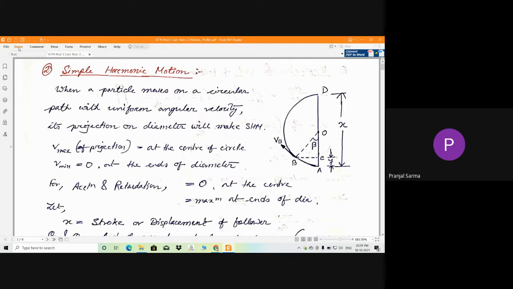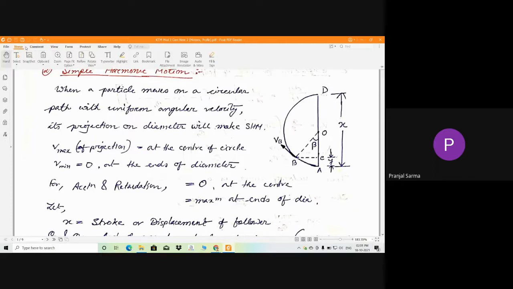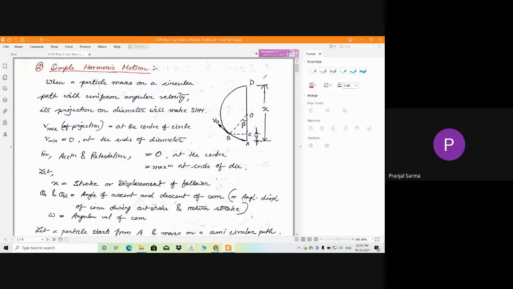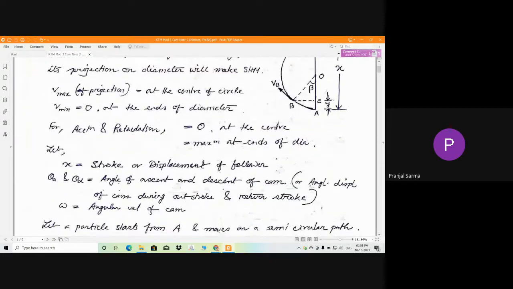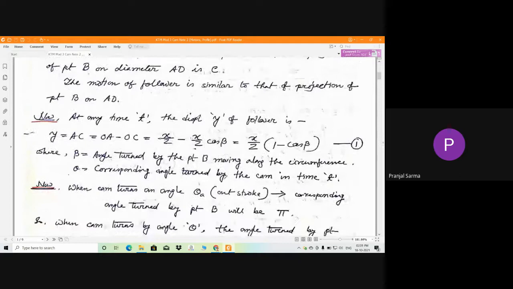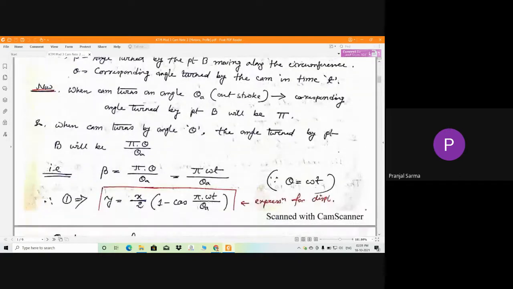Later on we discussed how we get the maximum velocity, and the expression for the displacement. Here we have y equal to x by 2 whole into 1 minus cos of pi omega t divided by theta, where theta is nothing but the angle of ascent.